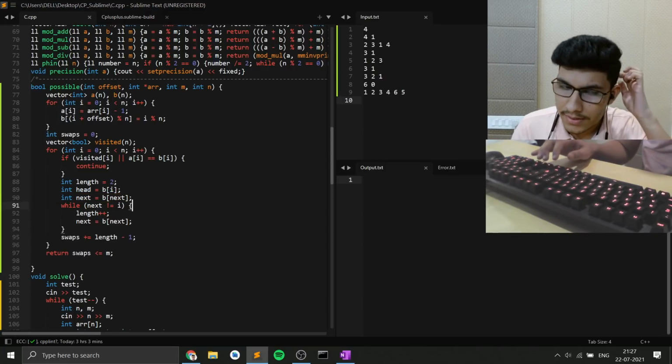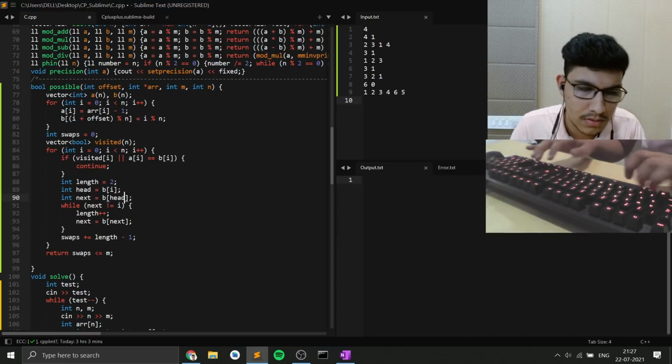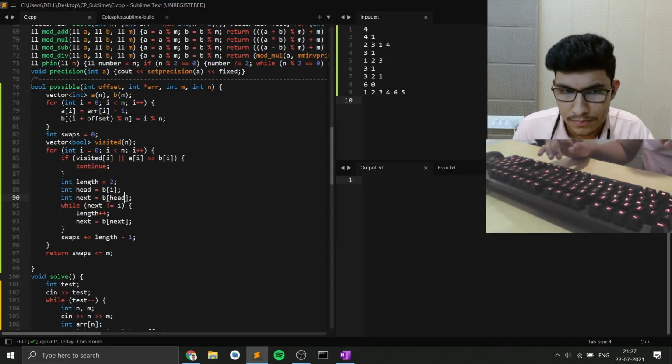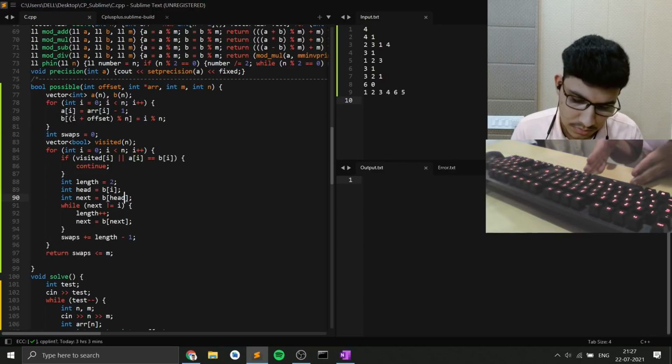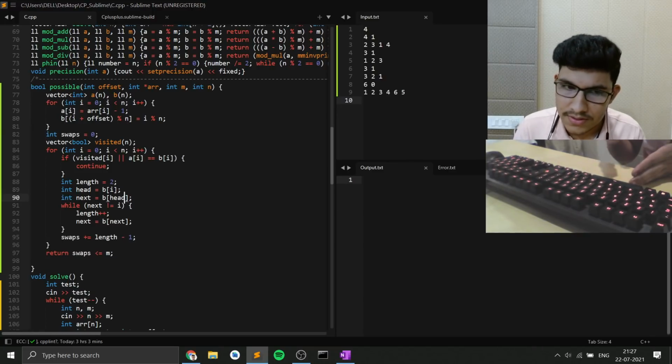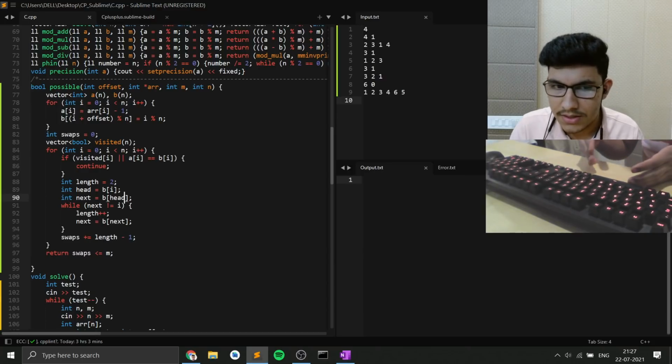Okay. Next equals to B at next, B at head. Right. So, okay. Now if this is equal to I, then I'm done. Otherwise, I just keep going forward.